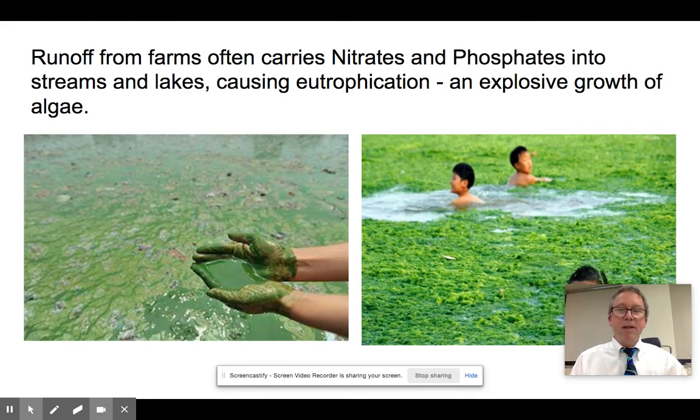Again, we'll talk about that later, but eutrophication is a real problem because it's very disruptive to ecosystems. You might think that all this extra productivity would be a good thing, but it actually leads to a collapse of the aquatic ecosystem. So the arrival of these nitrates and phosphates into surface waters is actually a very detrimental thing.